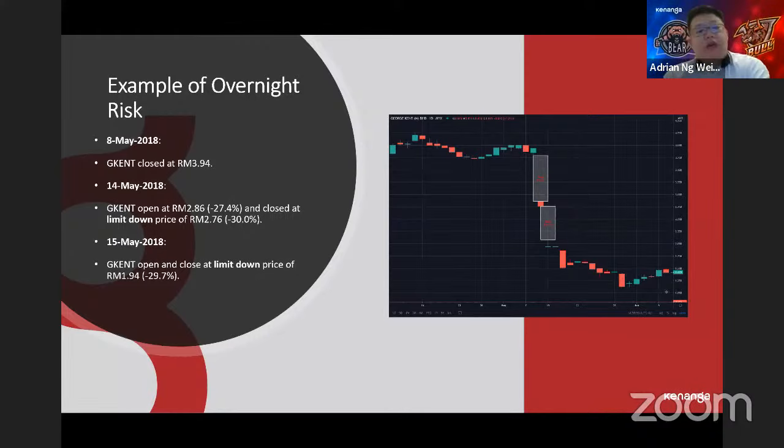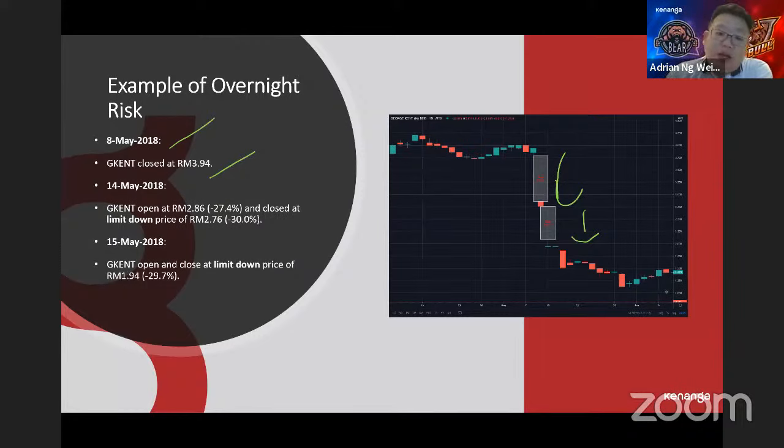So a bit of the timeline, back through memory lane: on May 8, George Kent closed at 3.94. Then we had our election, and we all had ink on our fingers, not the tattoo type. Then on the 14th of May, when the market reopened, boom, it went down 27.4% and 30% in 2 consecutive days.